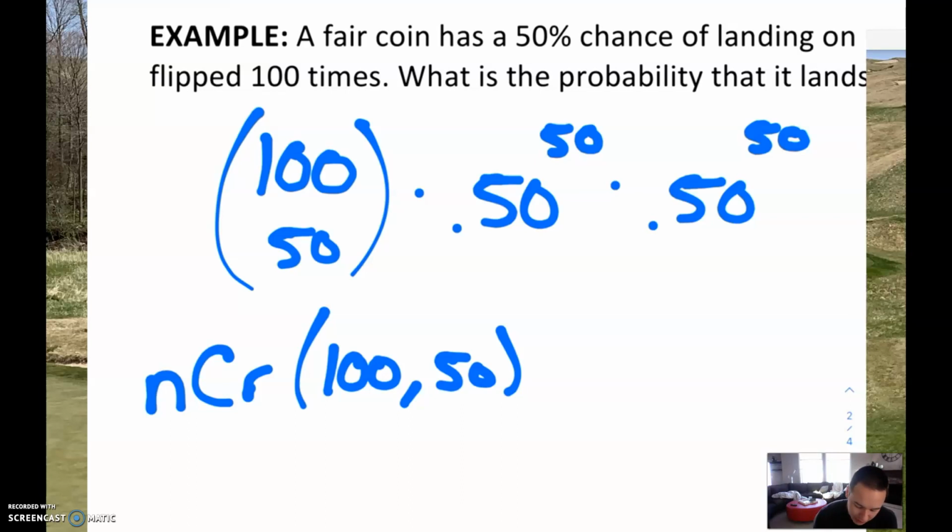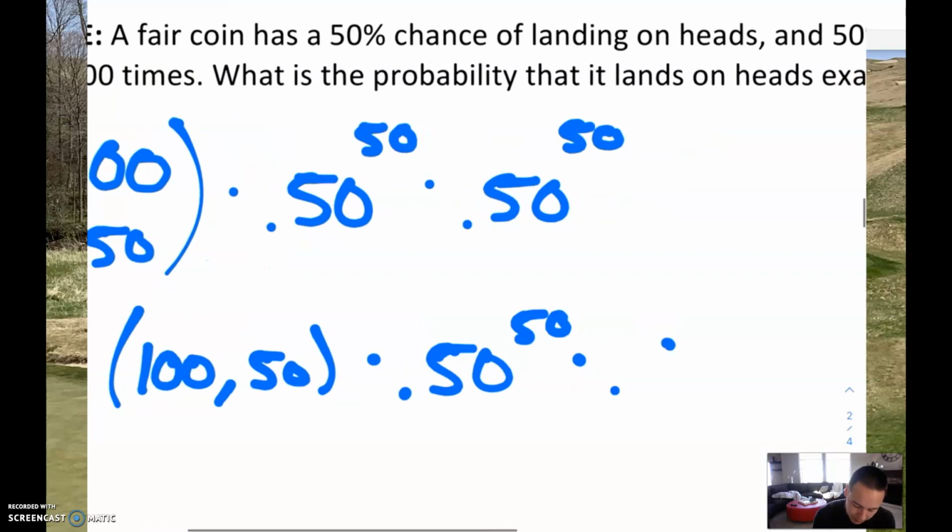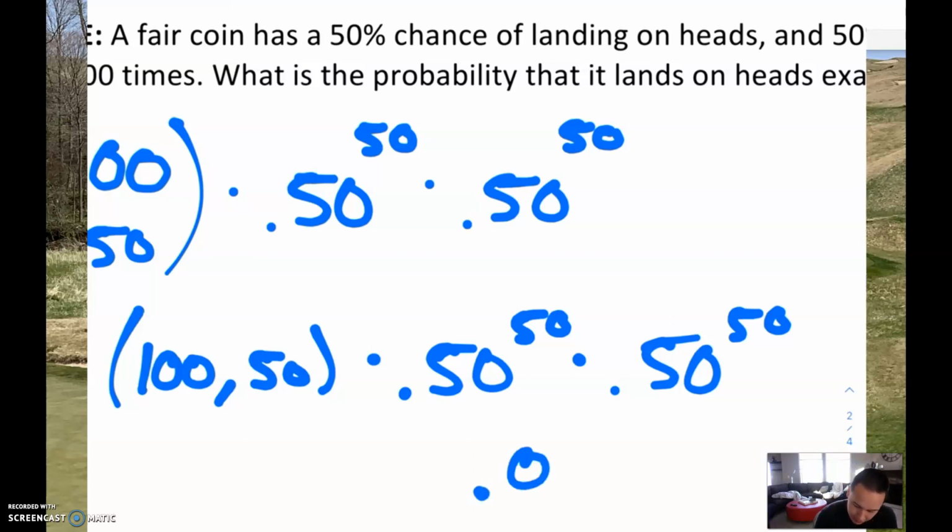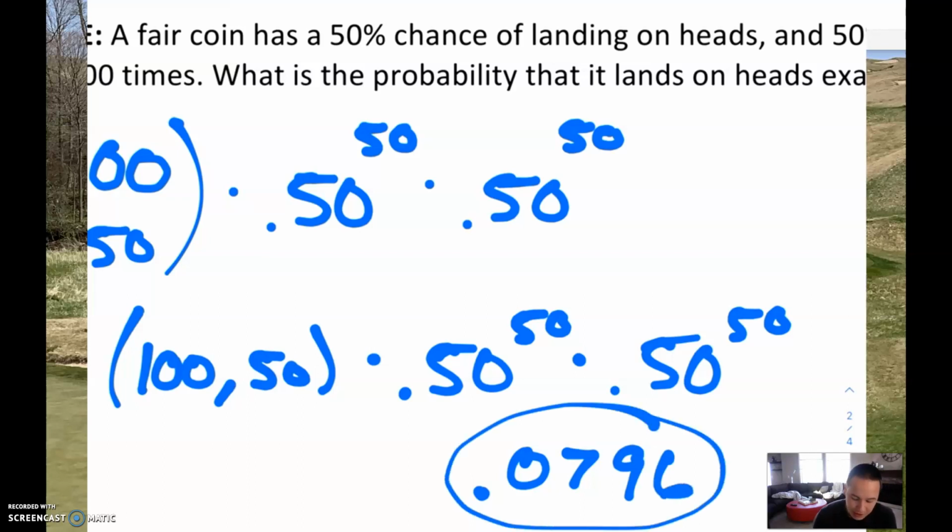That's fine. Just multiply it by 0.50 to the 50th power times 0.50 to the 50th power. And if you've done everything correct, it shows you the probability of getting heads exactly 50 times is going to be 0.0796. It's about an 8% chance.